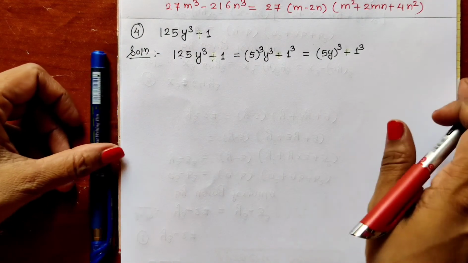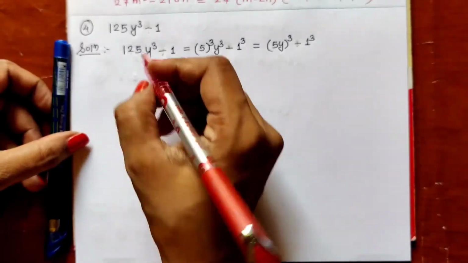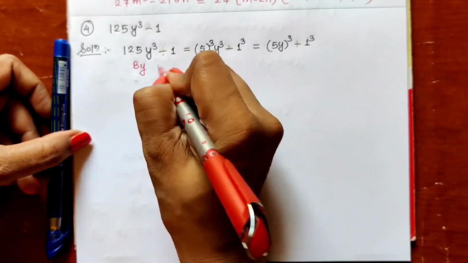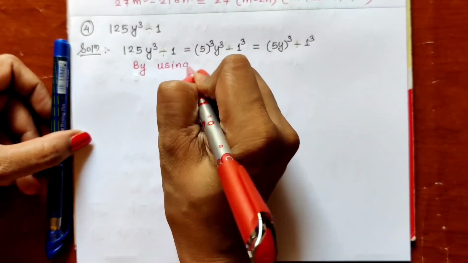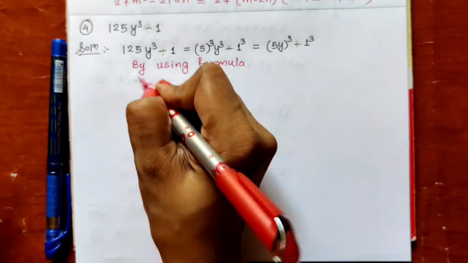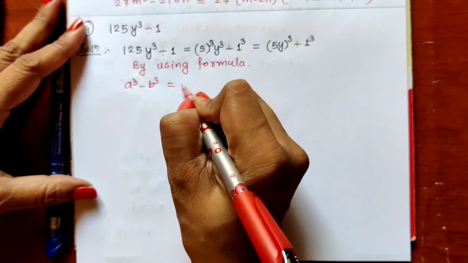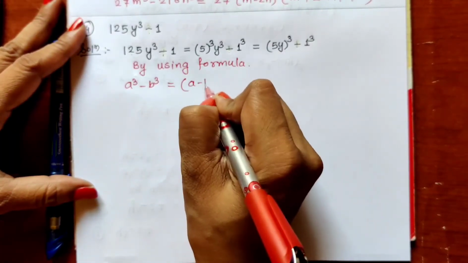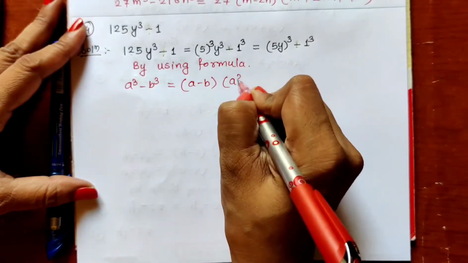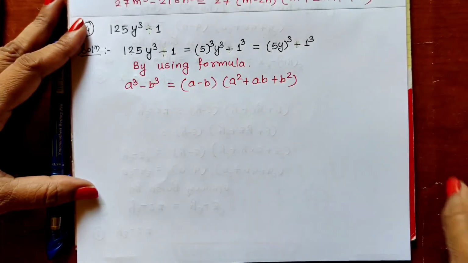So we can apply the formula of a cube minus b cube by using formula: a cube minus b cube is equal to a minus b in first bracket, a square plus ab plus b square in the second bracket.